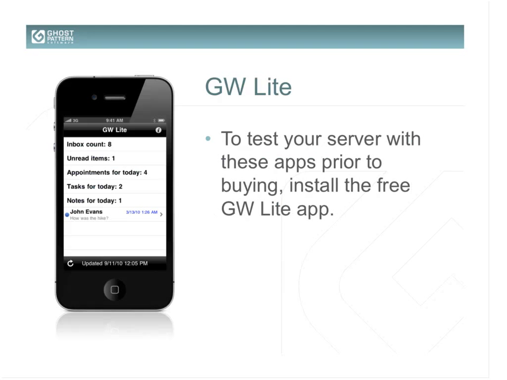The last thing I want is for somebody to buy an app and say, oh, it doesn't work because I've got some proxy server in the way or some other problem. Try out the GW Lite app. If that works, then the other apps are going to work. The GW Lite app is just there to demonstrate, hey, I can see information about your mailbox, I can see information about your calendar, and I'll let you read an email to show you that I can read an email for you too.